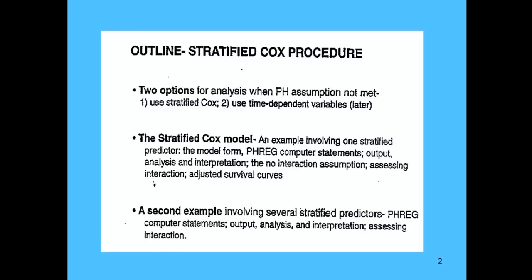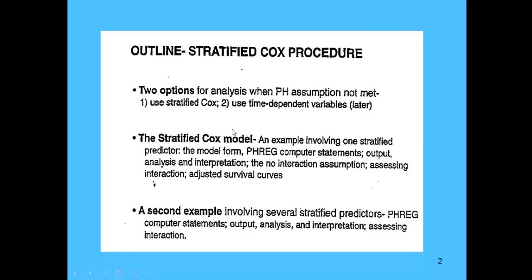There are two options, one of which we're going to talk about today, the stratified Cox approach. The other option is to use what's called an extended Cox model, where you take the variable that doesn't satisfy the assumption and define a time-dependent variable to put in the model. That means the model is no longer a Cox proportional hazards model, it's an extended Cox model.